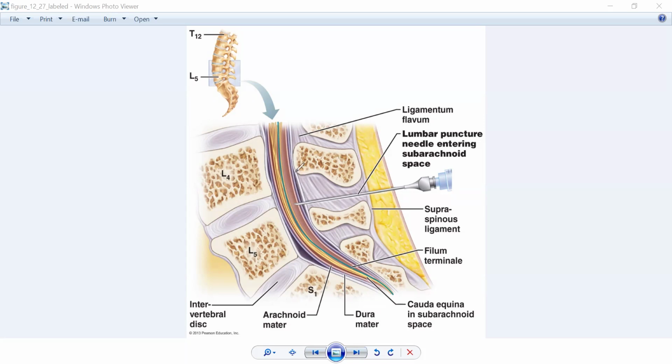They do it down low to avoid puncturing the spinal cord, which actually ended up higher. So what you're looking at here are extensions of the lumbar sacral nerves, not the actual spinal cord. Two, because you have lumbar vertebrae here, there's a lot more room to work with. Therefore, you're less likely to puncture the nerves. And that's why it's done down low.